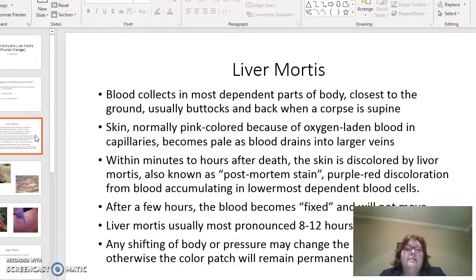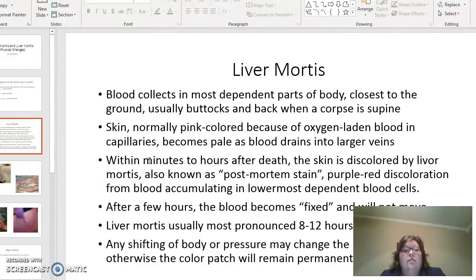In livor mortis, the blood usually collects in the most dependent parts of the body, closest to the ground. If the body happens to be lying on its side, it could be on whichever side it is on, the back when the corpse is lying supine, or in the buttocks.